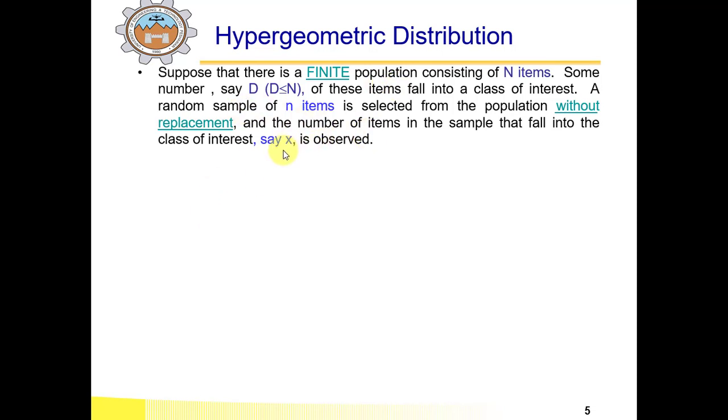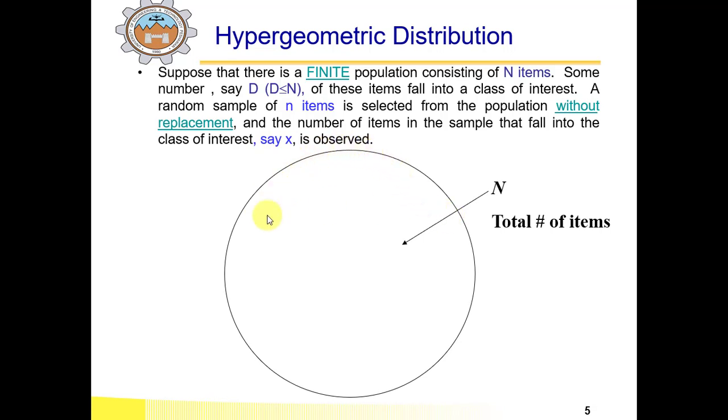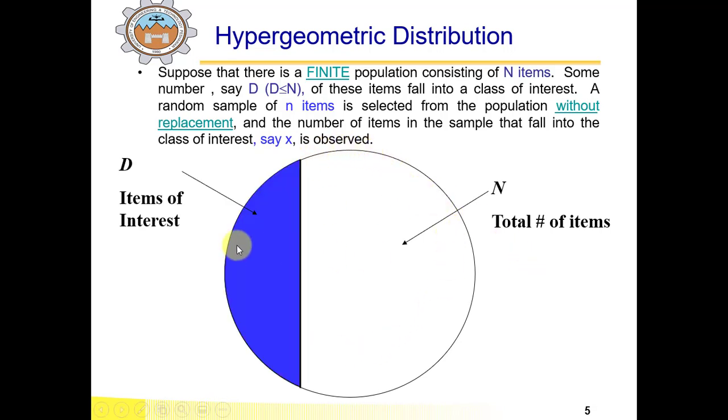So X is the number of defective items in the sample. Let's suppose N represents the whole population, and D is the number of defectives in that population. Remember one thing, D will not be a percentage, it will be a number, and it will be a discrete number because the distribution is discrete.